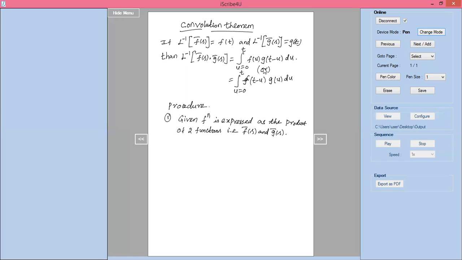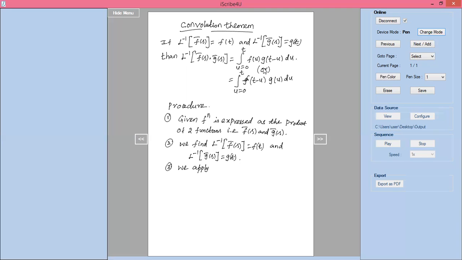Step 2: we find L inverse of f bar of s equal to f of t and L inverse of g bar of s equal to g of t. Third, we apply the convolution theorem.